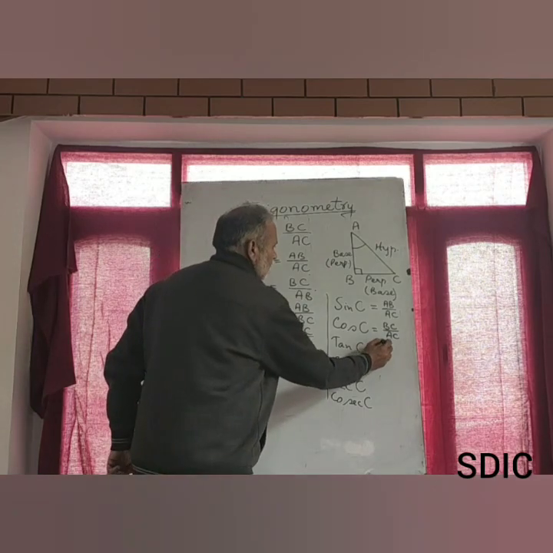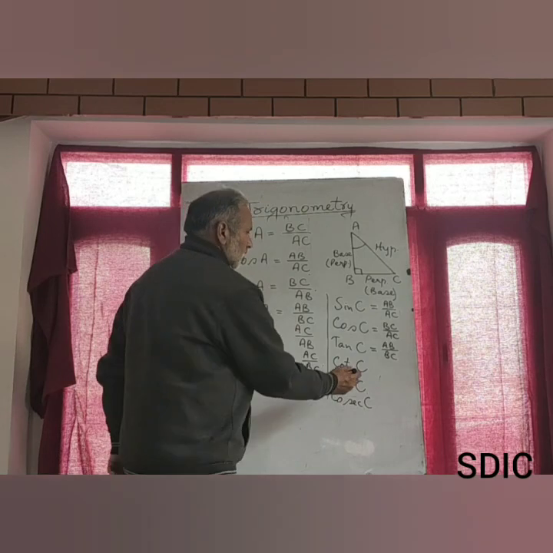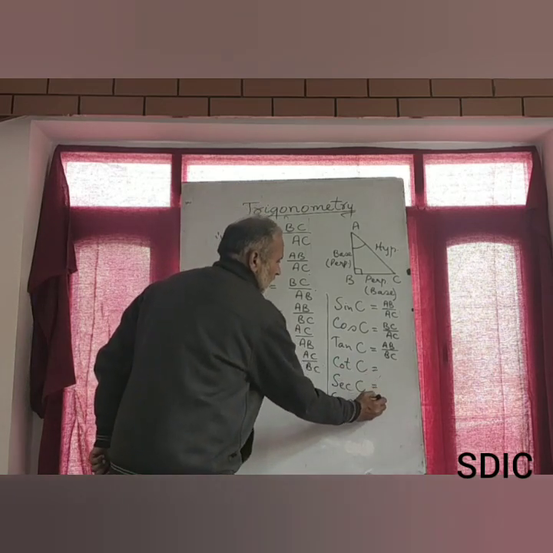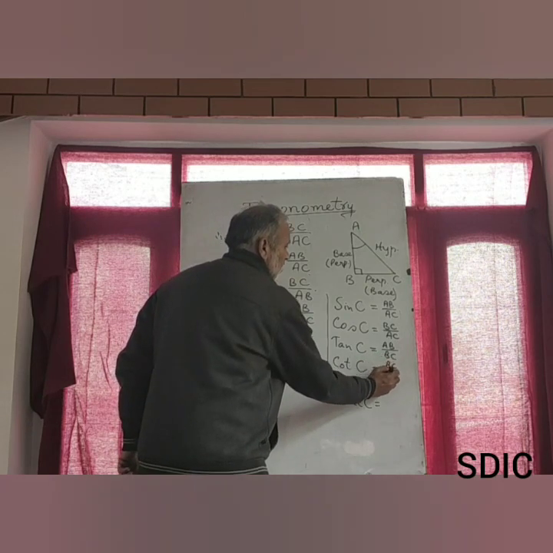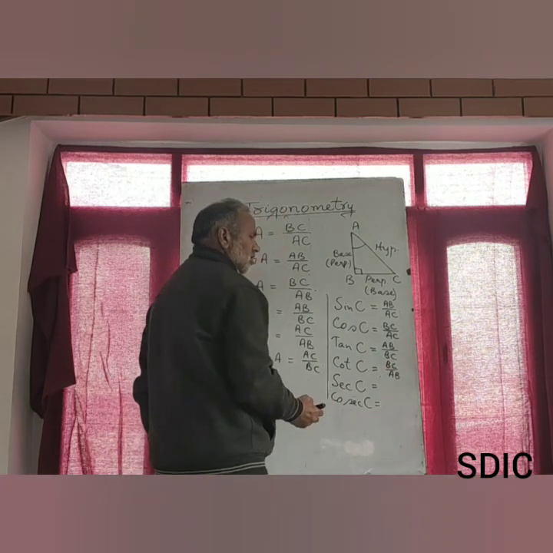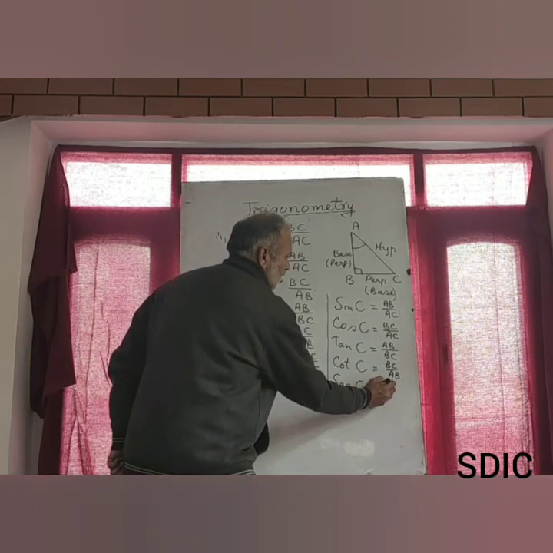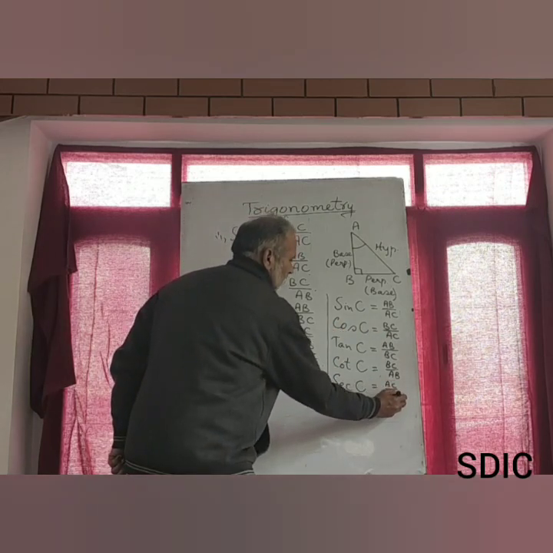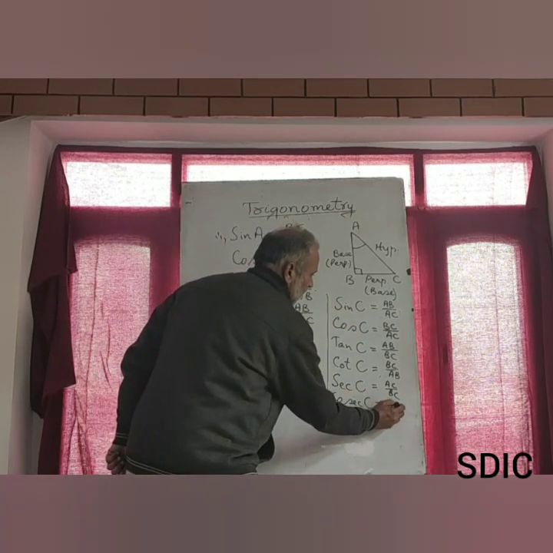Perpendicular is AB, by base is BC. The remaining three are the reciprocals. Cot C, BC by AB, reciprocal of tan. Sec C, reciprocal of cos, AC by BC. Cosec C, reciprocal of sine, AC by AB.